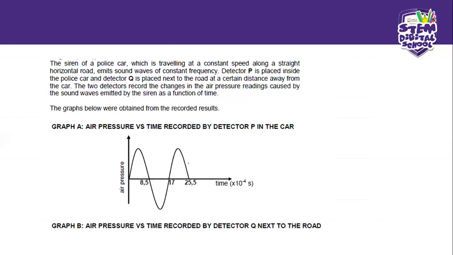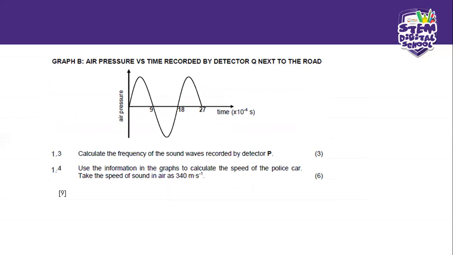The graphs below were obtained from the recorded results. Graph A is the air pressure versus time recorded by detector P in the car. Graph B is the air pressure versus time recorded by the detector next to the road.